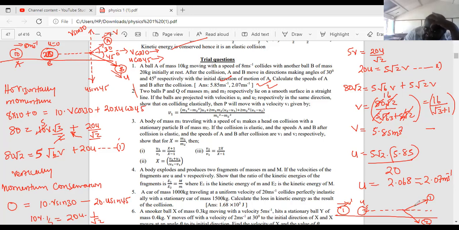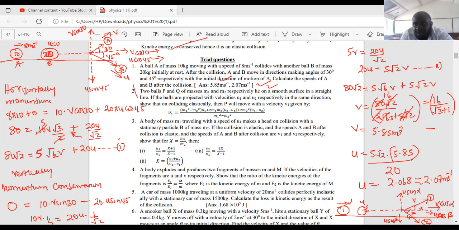So the most important thing is to know that if this angle is alpha and this one is beta, you have to resolve a component of the velocity vertically with this as v and this as u, with this as v sine alpha. Then for this one vertically downwards, you'll have u sine of beta. Then horizontally, this one goes this way with the v cos of alpha. Then this one goes that way with the velocity component of u cos of beta.